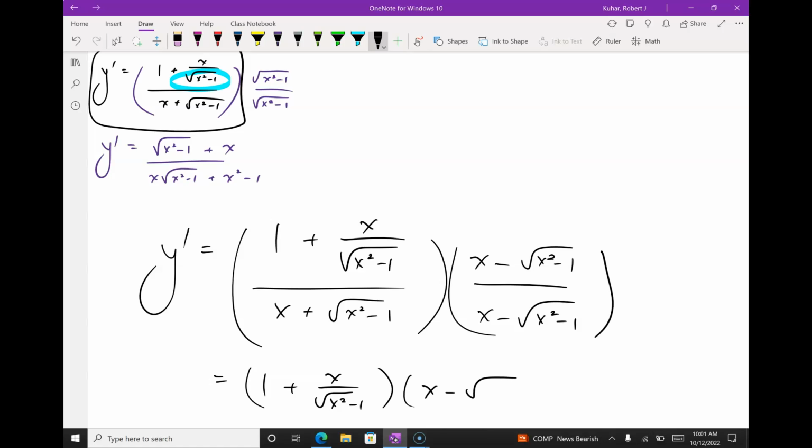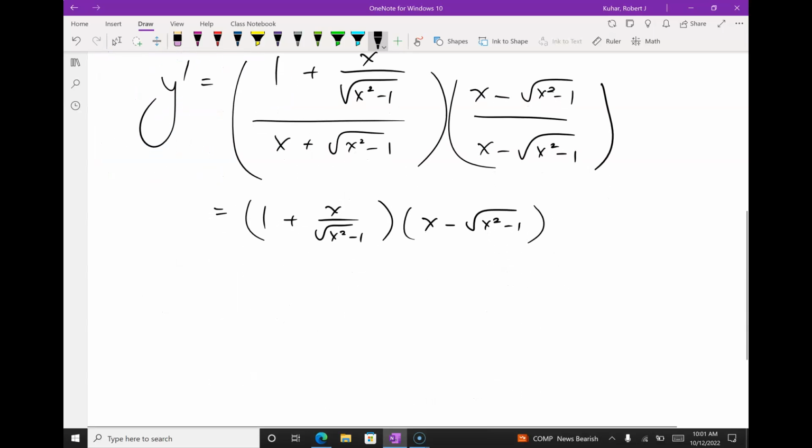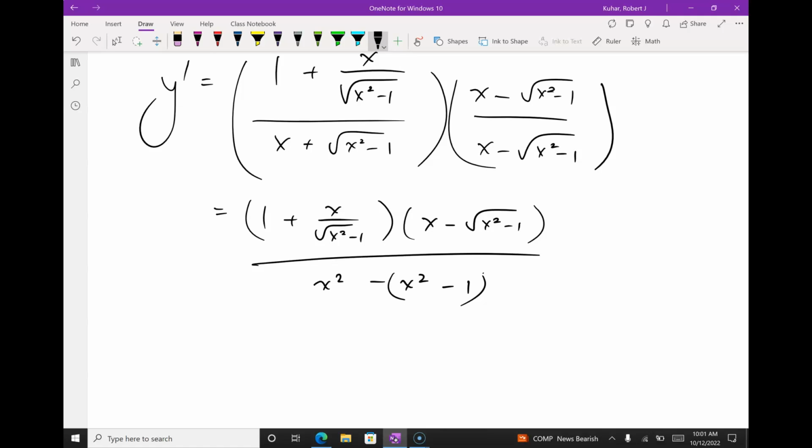I might have to, and I'm pretty sure I do, but I want to at least see that my downstairs now becomes x squared minus x squared minus 1. So you see the x squareds are going to cancel, and I'm just going to get a denominator of 1. That's kind of nice, right?